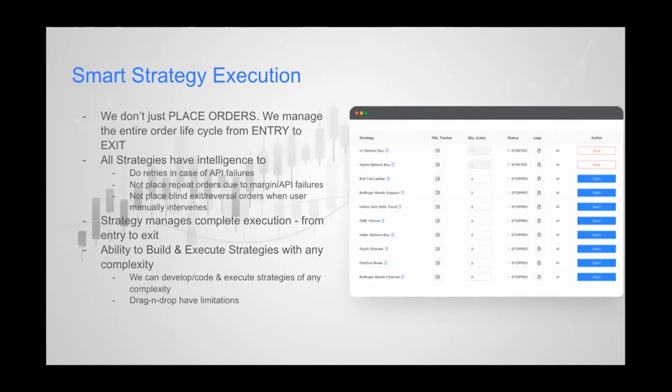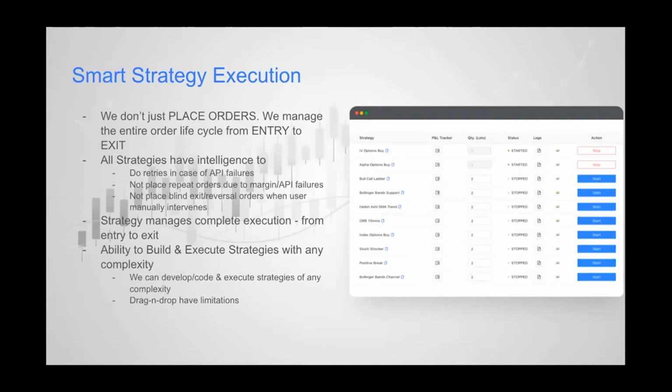As mentioned, we don't just place orders, we manage the entire order life cycle from entry to exit, end to end. The orders we place are tracked with a unique order ID, and those order IDs are mapped with the broker order ID and the exchange order ID, and are continuously monitored by the systems. So in case of reversals, manual fidgeting of the order, API failures or any other hindrances, the systems are intelligent enough to take care of the order.